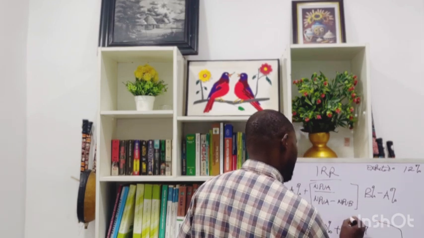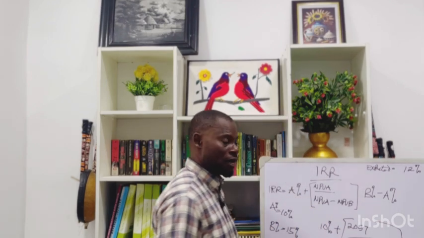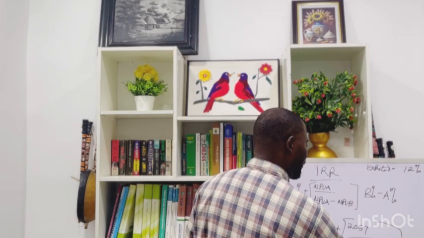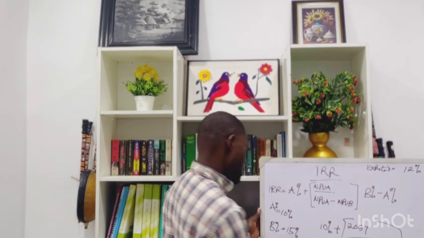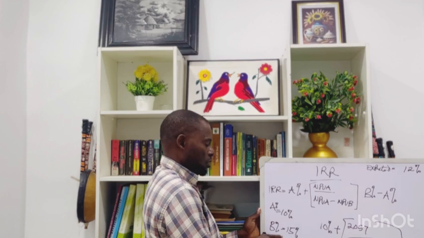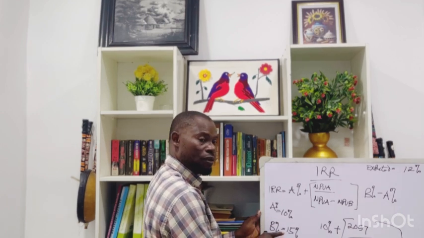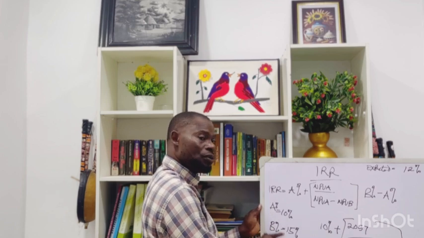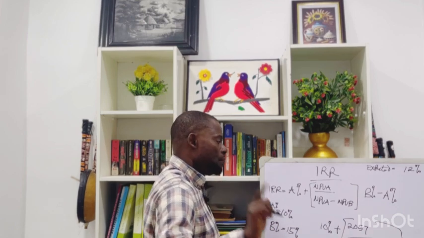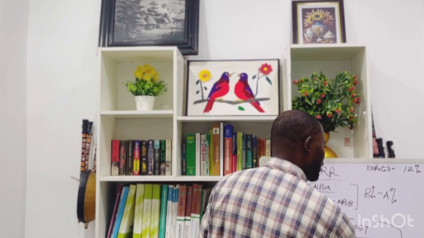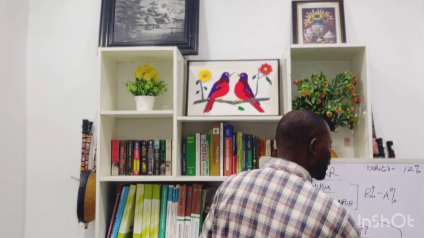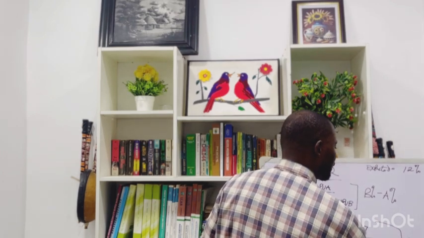We put this in a bracket. I like to put this in a bracket. And then here we say B%. B% is the second cost of capital we experimented with, which is 15%, the percentage we used to get the negative NPV. So we say 15% minus 10%.